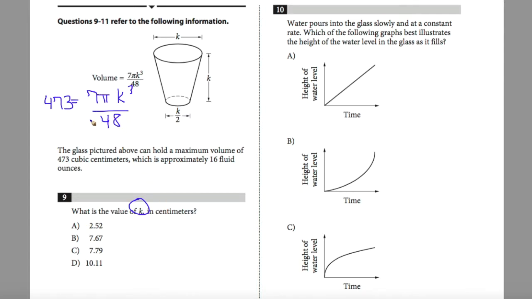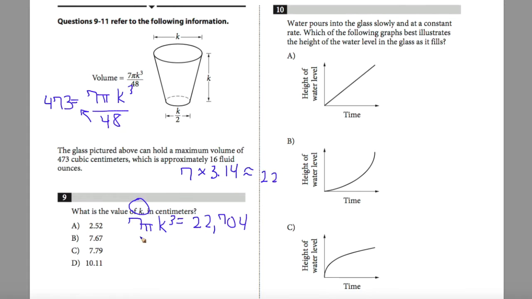Well, I'm going to multiply 48 times 473. And 48 times 473 is going to end up giving me 22,704. I'm now going to have my 7 pi K to the third power. And to save some time, I'm going to just do 7 times 3.14, which is pi, and this is approximately going to be somewhere between 21 and 22.